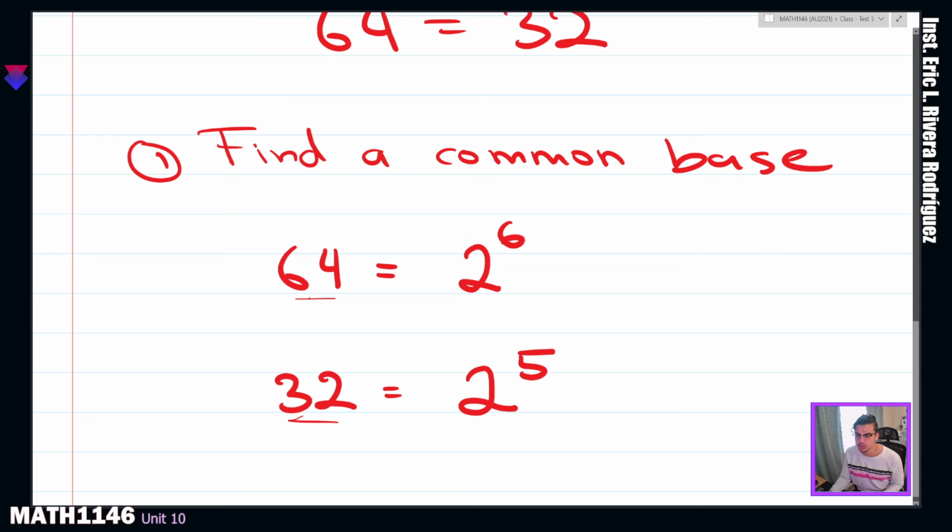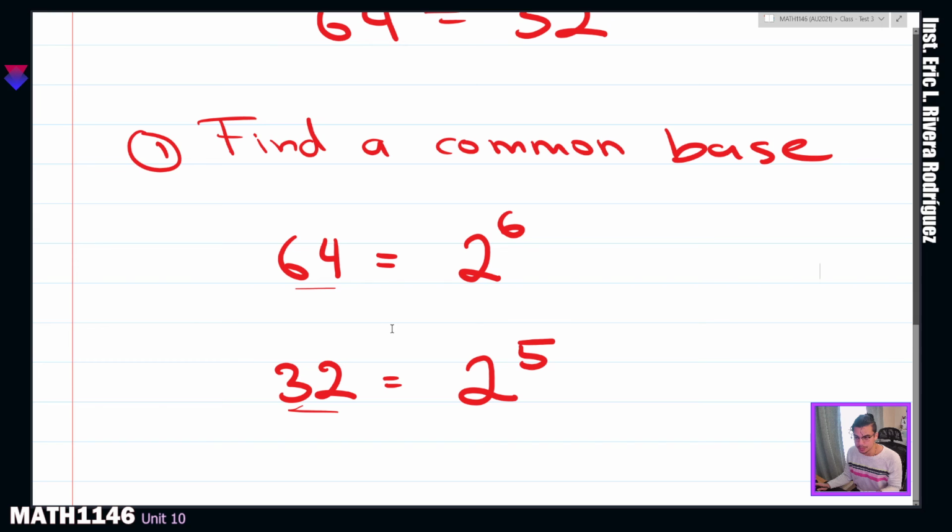You want to get used to seeing numbers and thinking of bases that represent those numbers, or thinking of exponential representations of those numbers. For example, 16 is another power of 2, so 2 raised to the power of 4. You want to do that exercise where you can see a number and think of its exponential representation. That is going to help you find a common base.